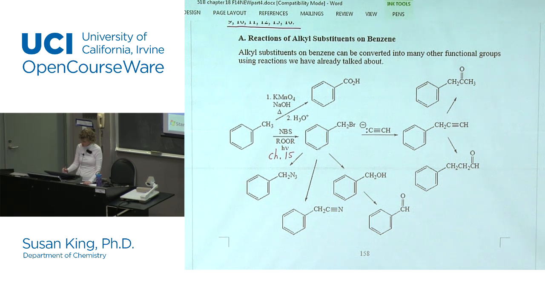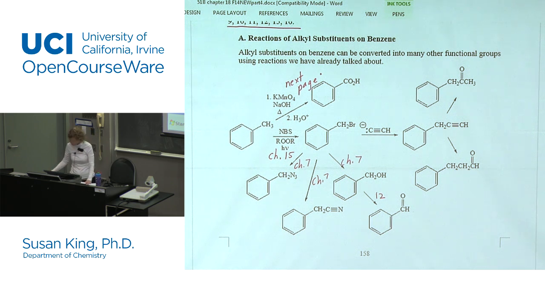We could also do SN2 reactions, chapter 7, with N3 minus or cyanide. Or we could put an OH on and then oxidize that. Those are simple substitution reactions from chapter 7, and to oxidize that, chapter 12. KMnO4 turns that into a carboxylic acid. That's on the next page, so we haven't talked about that reaction yet, but it's something else you can do.